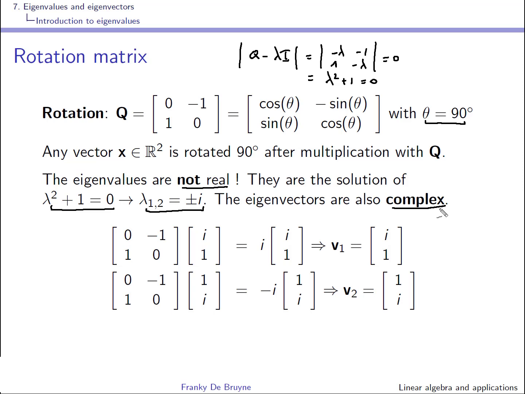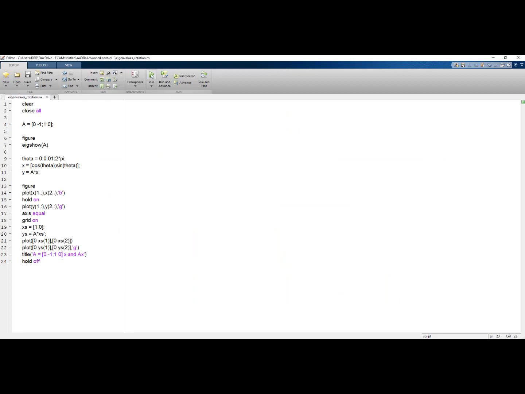This is also kind of logical, right? Because you would not expect when you multiply by the matrix Q to find vectors that are in the same direction, okay? Because of course they are all rotated by 90 degrees, and this is what we'll see when we consider the Eigshow command. So let's have a look.